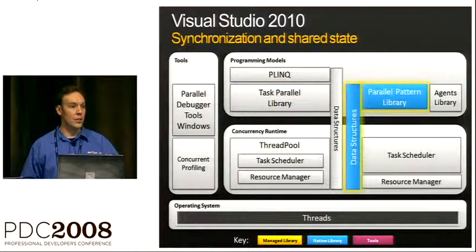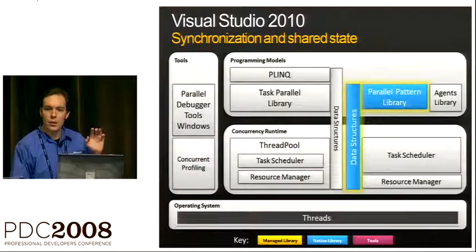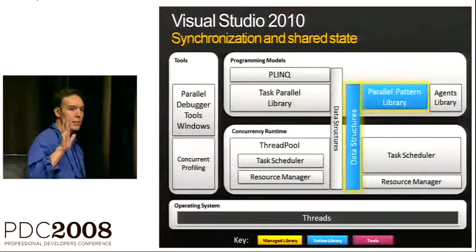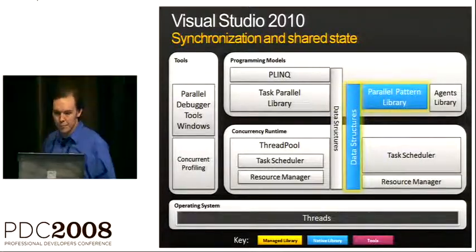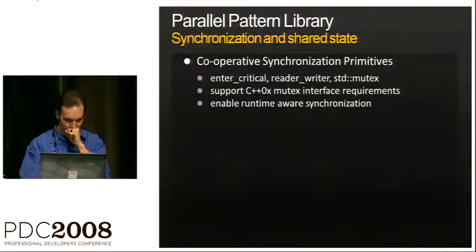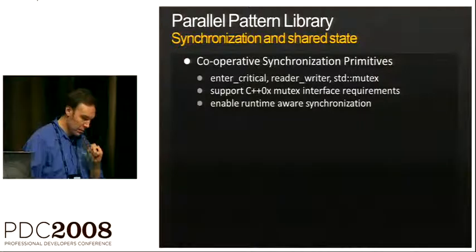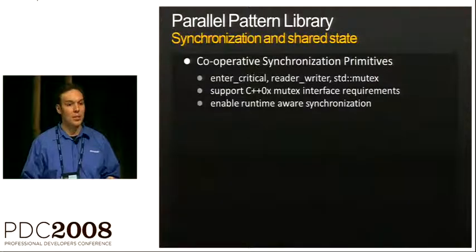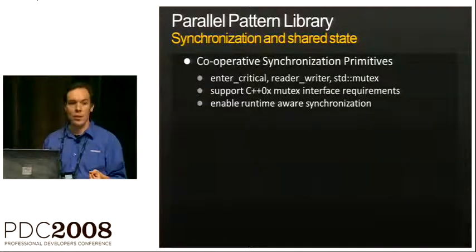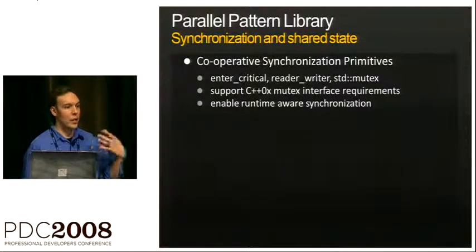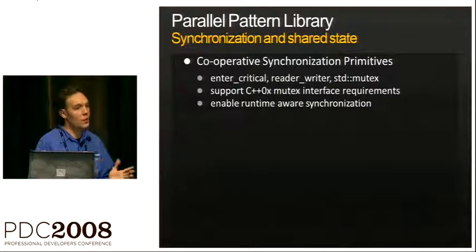So for synchronization and shared state: data structures, locks, and concurrent objects. Cooperative synchronization primitives. Mentioning cooperative here in the context of locks: when I take a lock and I don't get it, the runtime is aware of it.